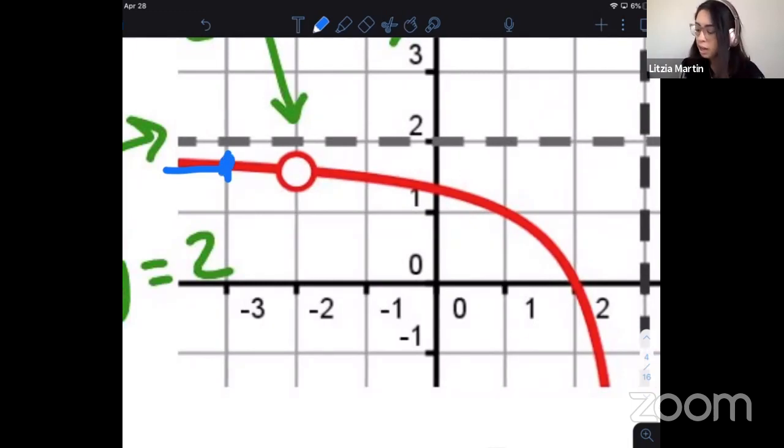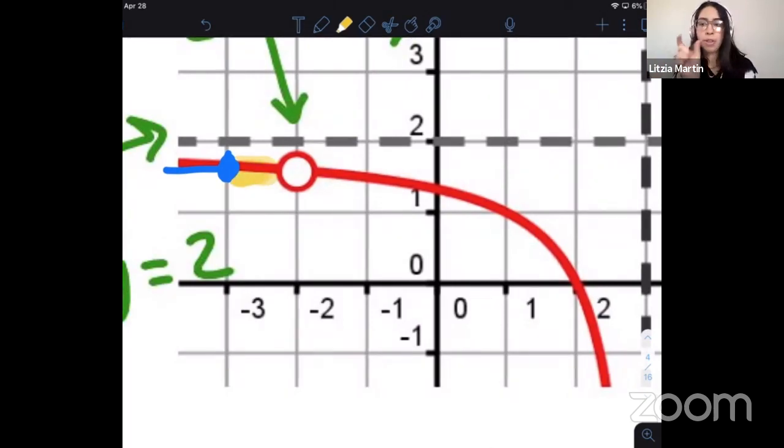However, if you stop at -3 in this case, and in every case, because we have all those decimals in between, we need a way to account for that little space that's between -3 and -2.